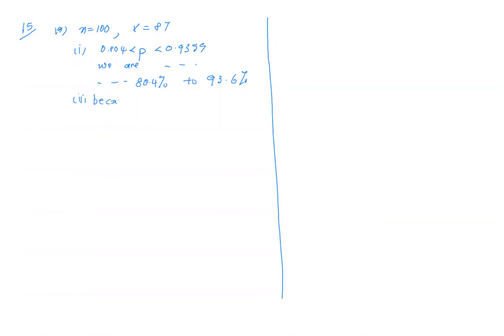Because the lowest possible proportion is 80.4%, which is greater than 80%. So that means more than 80 out of 100 seeds will germinate.